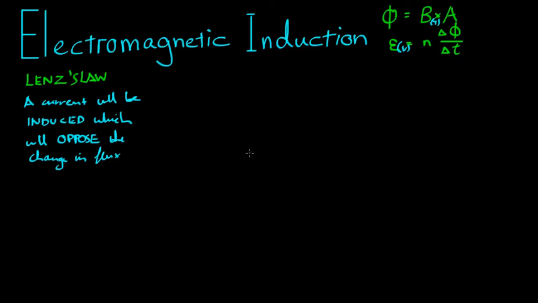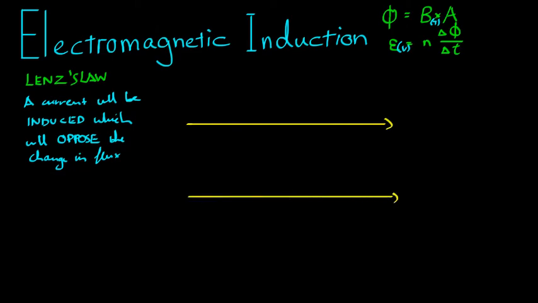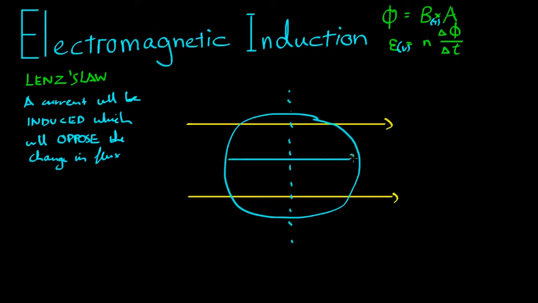Say I've got a magnetic field going across the page there, and then a loop facing us, but it's on this axle here. The loop has a diameter of 10 centimeters or 0.1 meters.